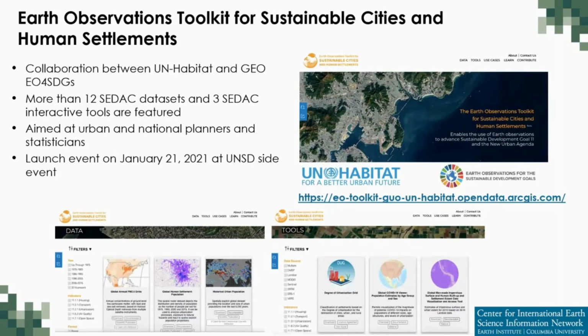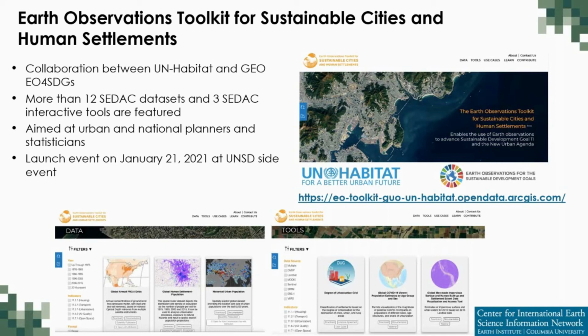And finally, linked with the Human Planet Initiative under GEO, there is an initiative that NASA also helps lead called Earth Observations for the Sustainable Development Goals. They recently worked with UN Habitat to create this toolkit for sustainable cities and human settlements.